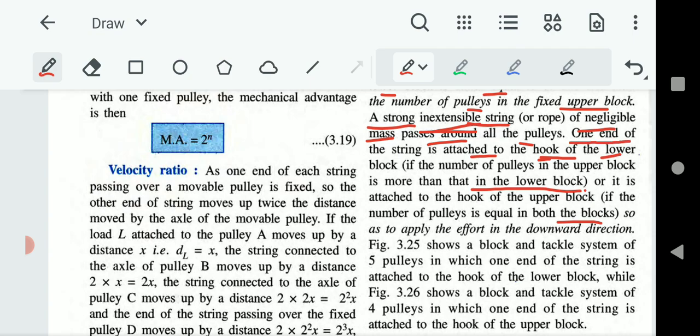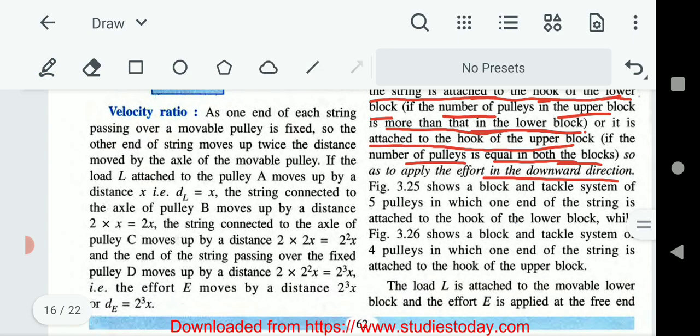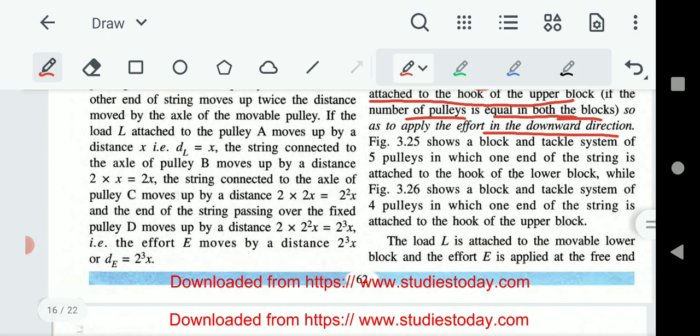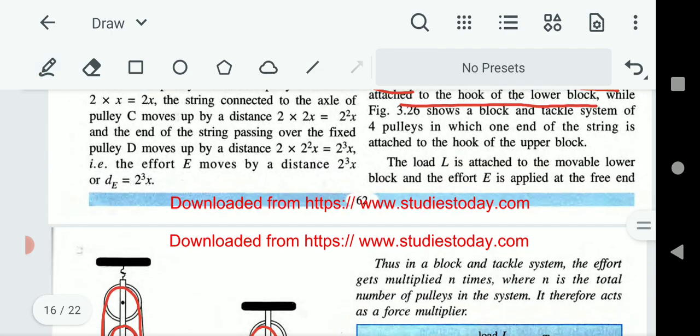One end of the string is attached to the hook of the lower block if the number of pulleys in the upper block is more than that in the lower block, or it is attached to the hook of the upper block if the number of pulleys is equal in both the blocks, so as to apply the effort in the downward direction. Okay, fine. See here, 3.25 shows a block and tackle system of 5 pulleys in which one end of the string is attached to the hook of the lower block, that we can see here.